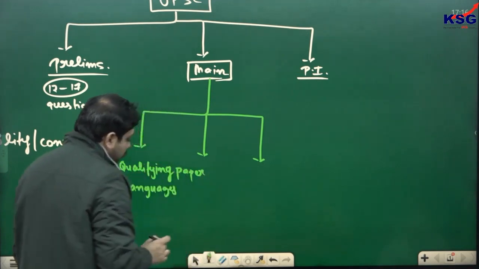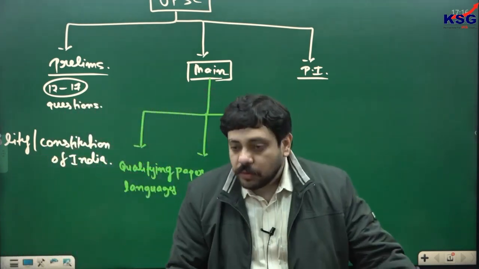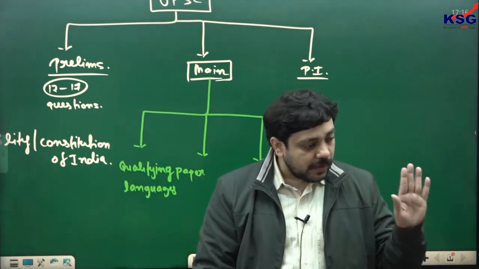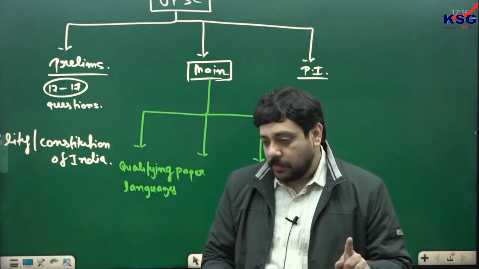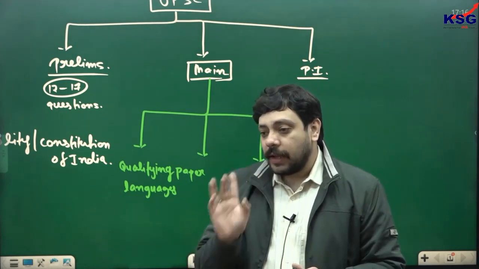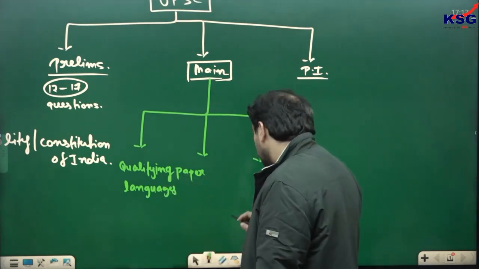There is a paper on English and there is a paper on the vernacular which you can opt for, and these are qualifying papers, meaning that you only have to secure qualifying marks in them. The marks that you get in these papers do not add up to the final tally of your report card, right? So you have to pass the qualifying paper of languages.